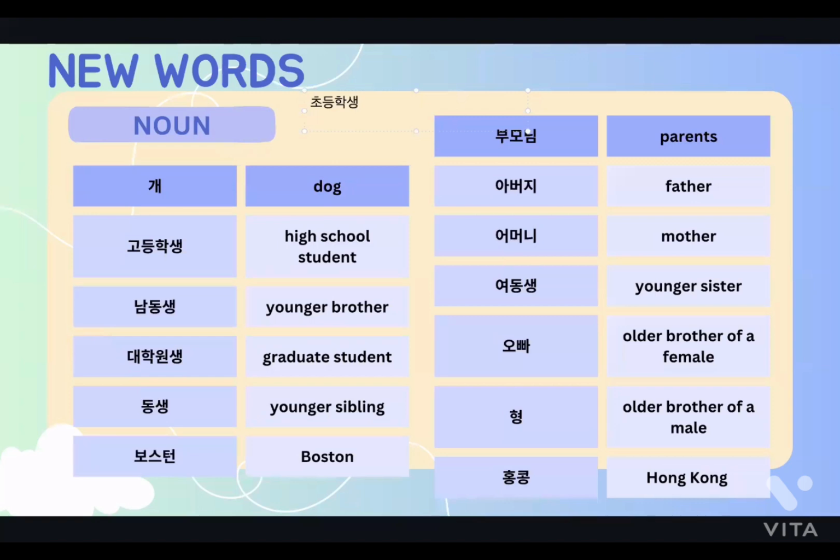Then what about middle school? 중학생입니다. And then high school, 고등학생입니다. And then university student, how can you say that? 대학생입니다. After that, one more. What about graduate student? 그렇죠. 대학원생입니다.